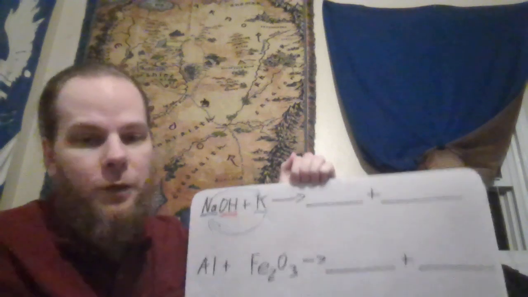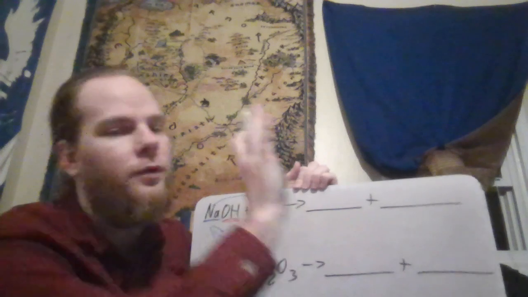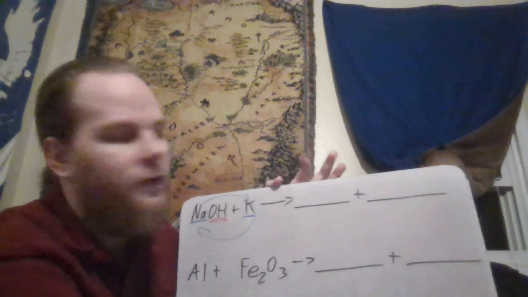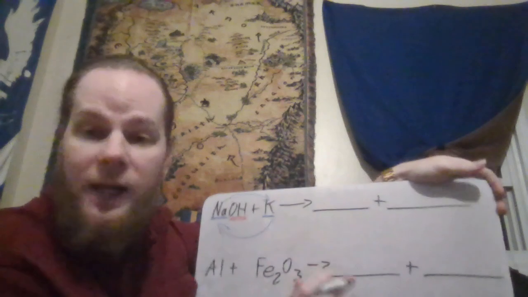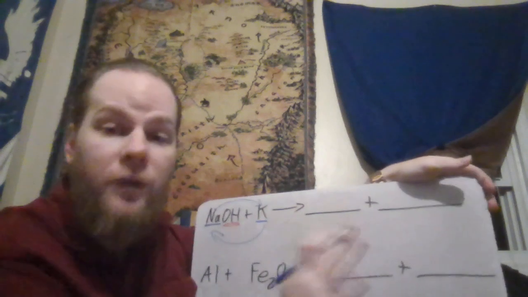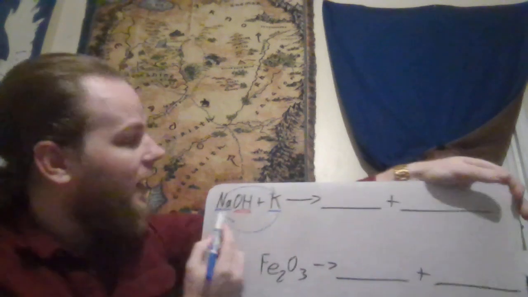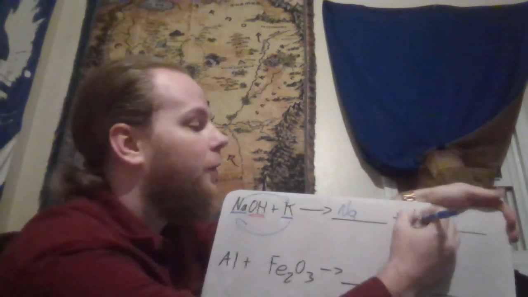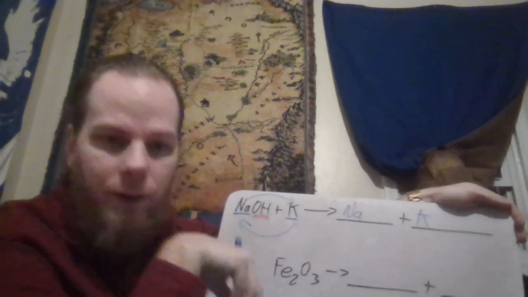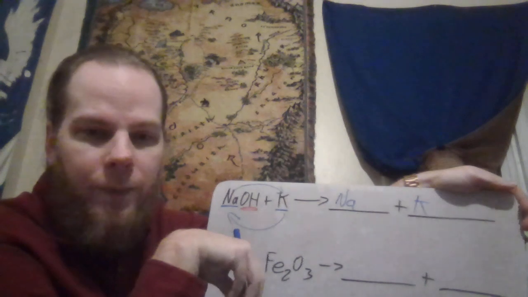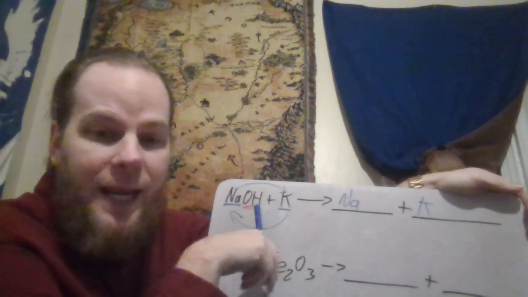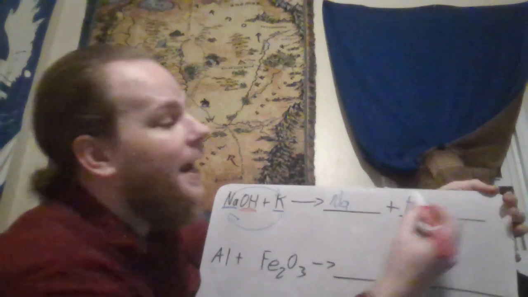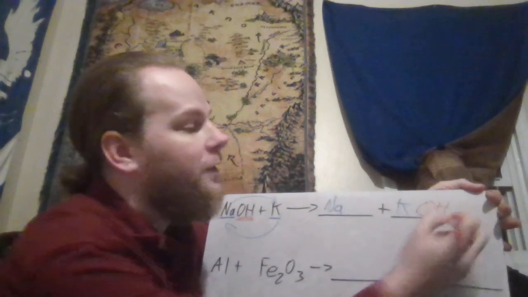You can keep the cation first, or keep the compound in the same spot. I'm going to keep the cations in the same spot because that's what we've done before. So Na goes first, and K goes second. But the OH has to be attached to the K, so I'm going to put the OH over here.